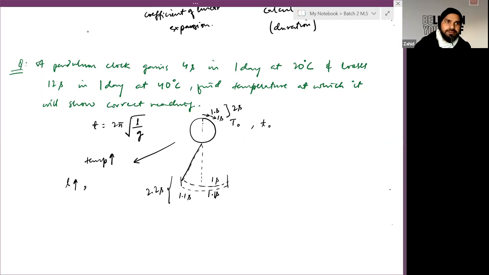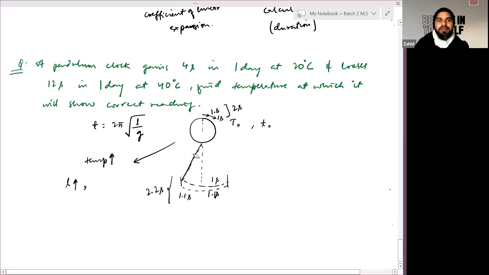Let me explain once again. On increasing temperature, length will increase according to the concept of expansion. And since length is directly proportional to time period of oscillation of simple pendulum, time period of pendulum will increase. Initially, it was just 1 second to go from one end to the other end.